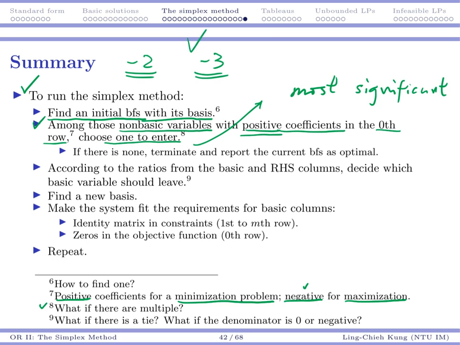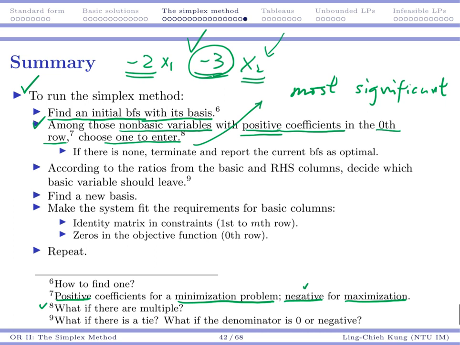z value, even though -3 tells you that when you increase that variable by 1, your z is going to be increased by 3, which is better than 2, you have no way to tell what's going to happen if you increase x2 by 1 or 2 or 3 or whatever. You have not looked at the constraints. You don't know how far you may move your solution by increasing x2.